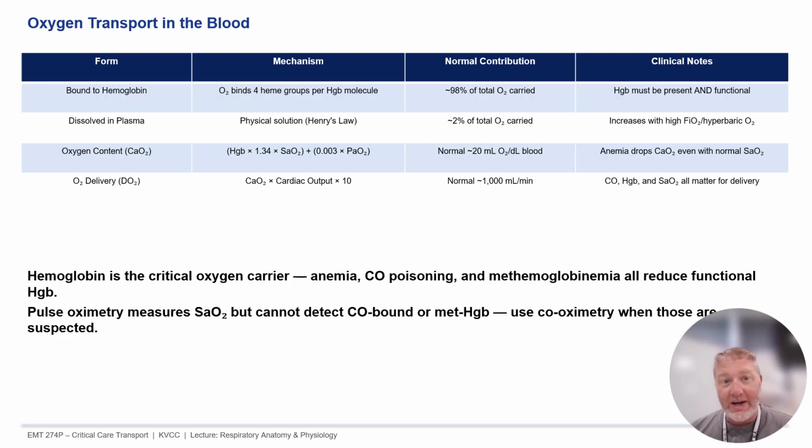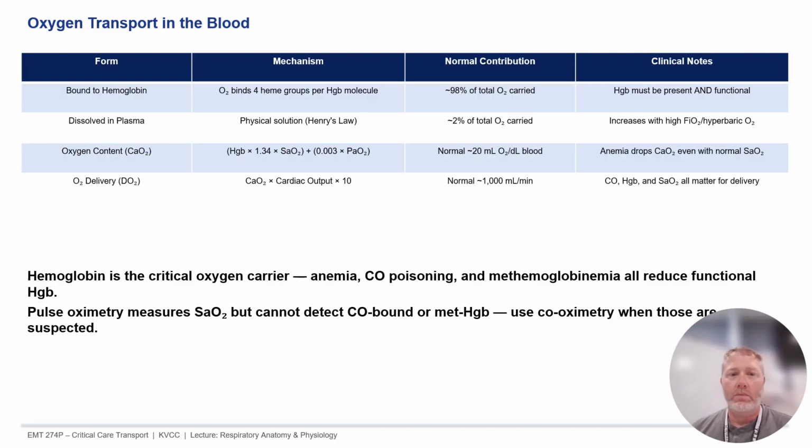The oxygen content formula is, and these equations you're not going to need to know. RTs have to memorize them, but this is more just FYI. So the oxygen content formula is CaO2 equals 1.34 times the hemoglobin times the SaO2 plus 0.003 times the PaO2.